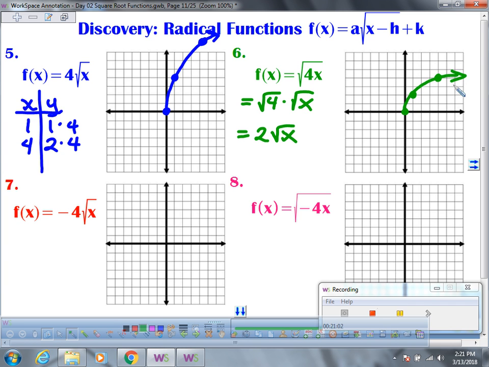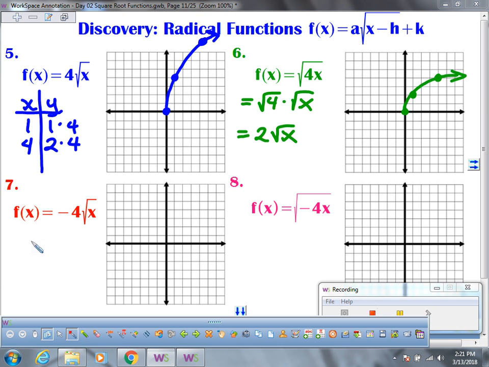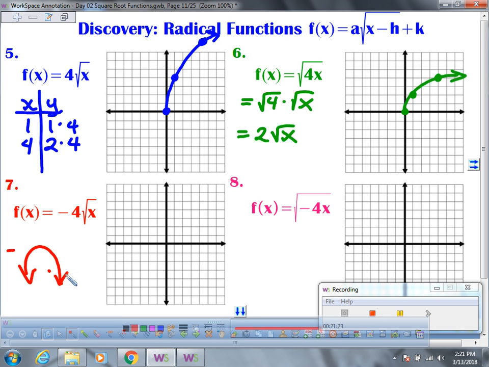What happens if there's a negative on the outside? It's going to go down. Just like when we're talking about the parabola, if I put a negative on the outside, it's going to make it go down. It's going to make it frown. So you're going to do the same thing if I put a negative out in front of this.